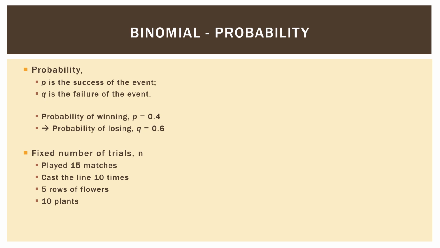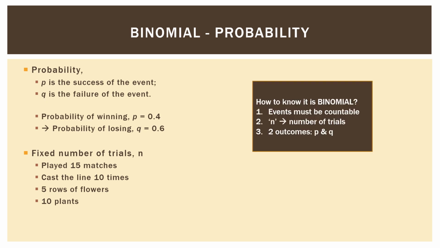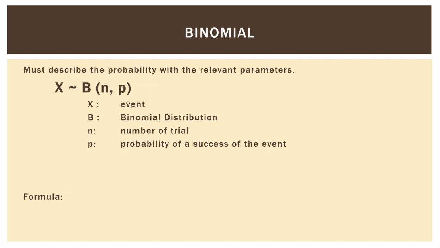All right. Okay, and there will be a number of trials. They will give you the n, the number of trials. Okay, like they played 15 matches, 10 times, 5 rows, and so on and so forth. Okay. All right. So how to know it's binomial? They will give you all this information. They'll give you n and they'll give you p. Now I will show you an example here.